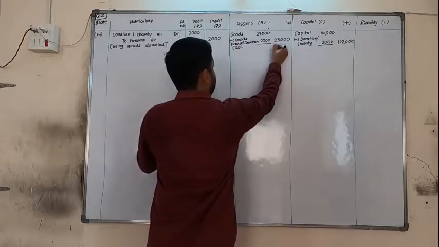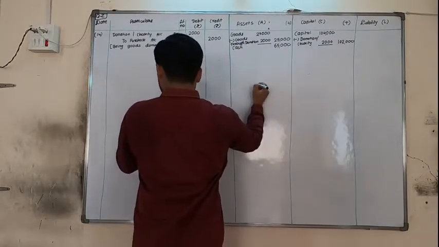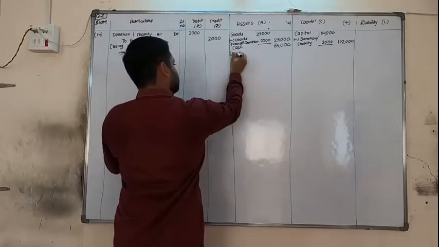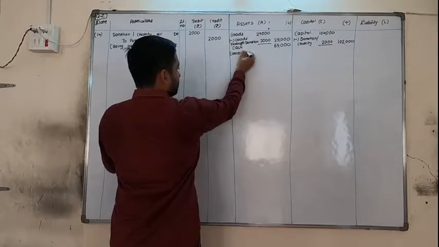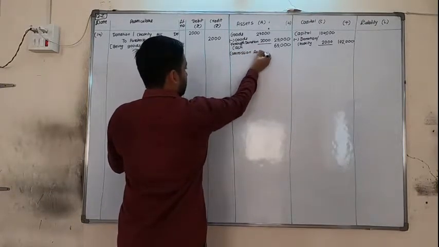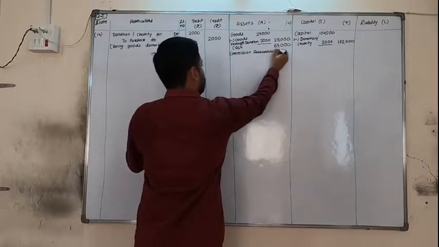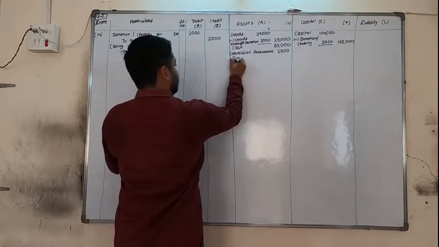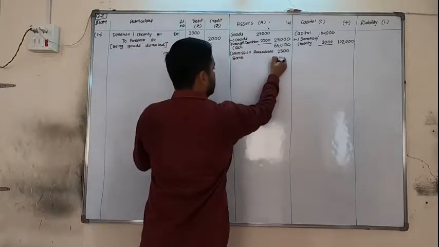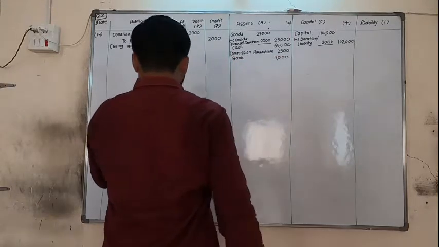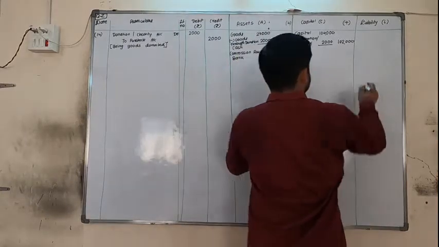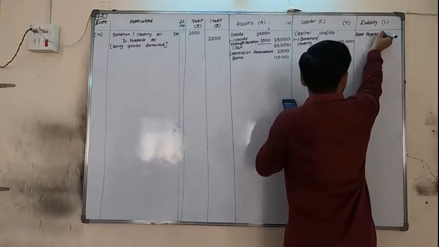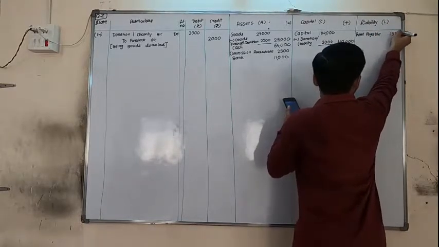Cash 65,000. Then commission receivable 2,500. Then bank 11,000, and goods have already been written. Then capital as came, here it would be rent payable 1,500.